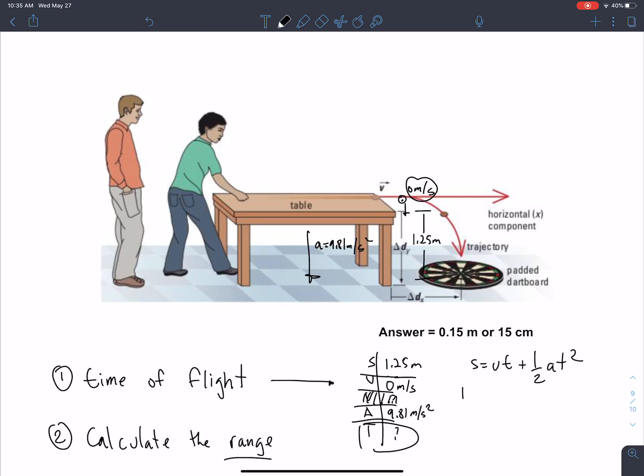So 1.25 meters is equal to 0 meters per second times time plus 1/2 times 9.81 times T squared.